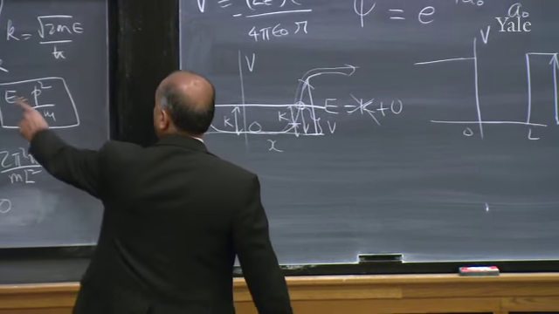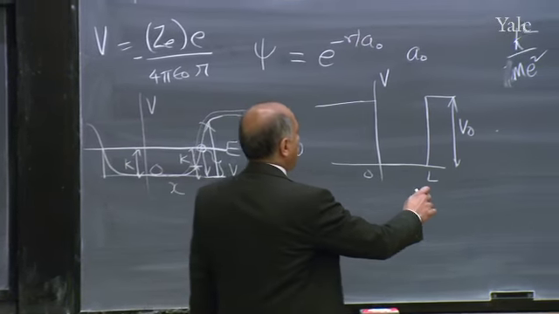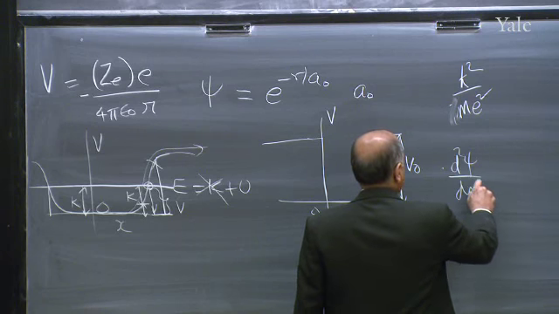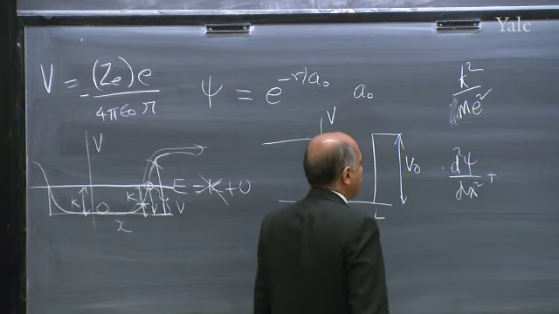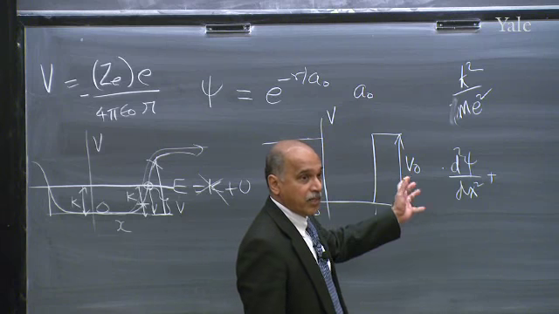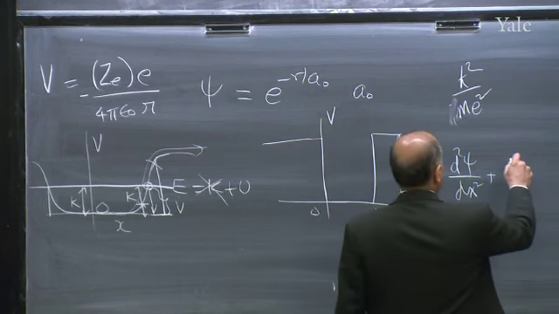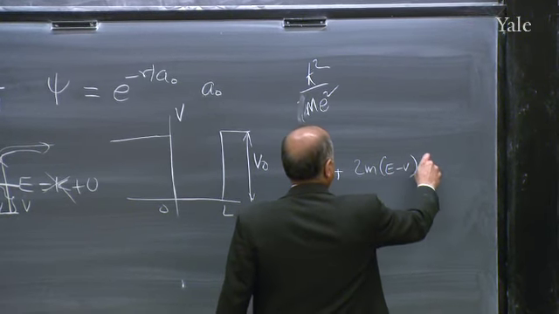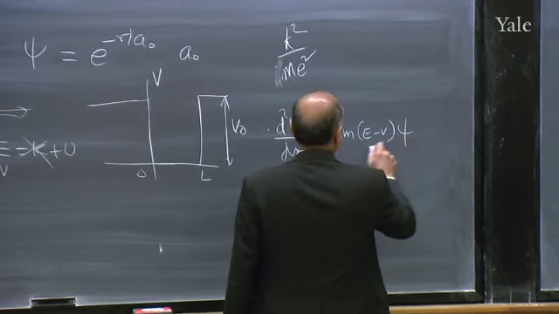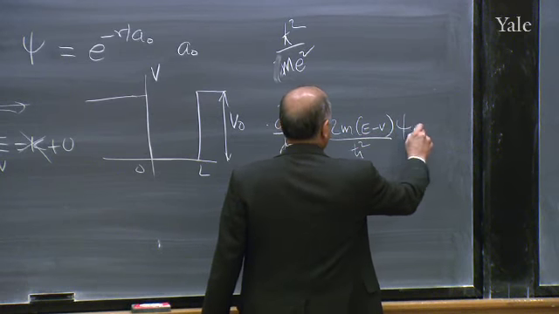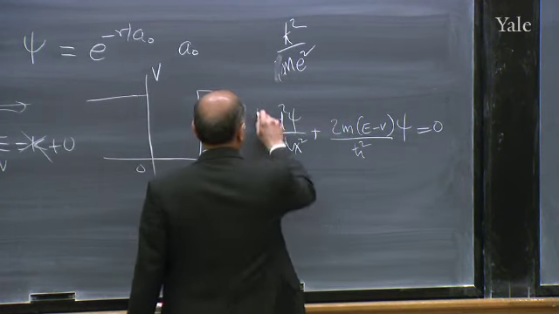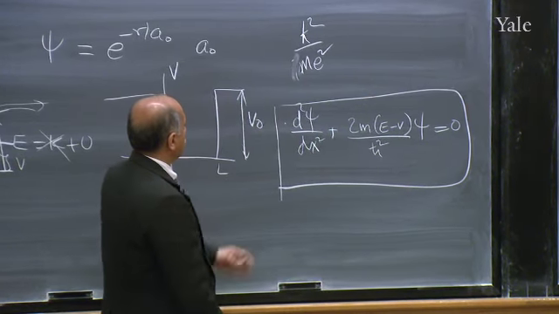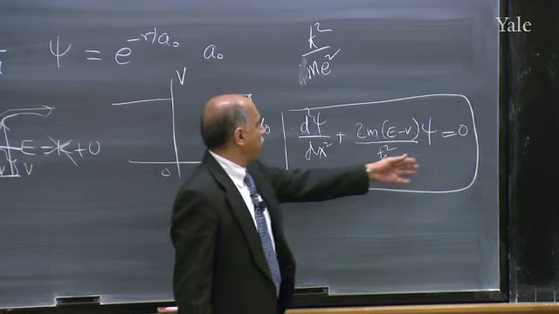So the rule is to go back to that equation, which now takes the following form: d2 psi over dx squared, I'm going to stop writing the subscript E. From now on, you should understand I'm trying to find states of definite energy E. Plus 2m times E minus V psi equal to 0. I've just rearranged the Schrodinger equation so that it looks like second derivative plus all kinds of stuff.